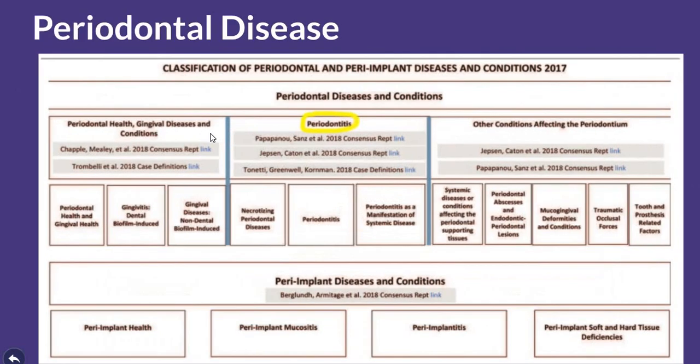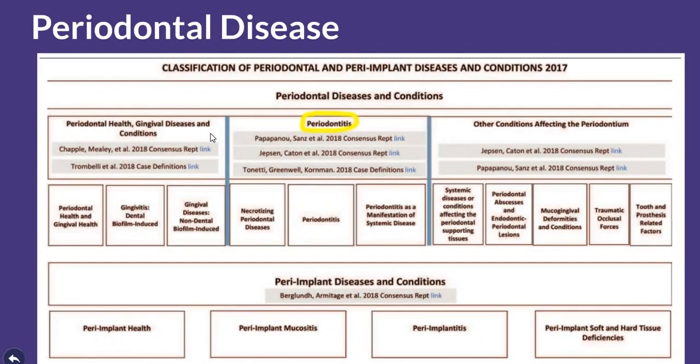As a classification, we have this chart. We have here periodontal health, gingival diseases and conditions, which includes periodontal health and gingival health. This is a new entity. Gingivitis: dental biofilm-induced gingivitis and non-dental biofilm-induced gingivitis.